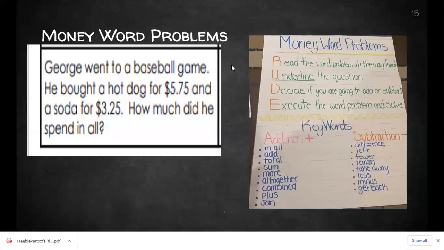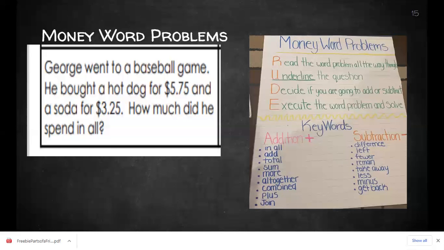Now we're going to our very last money review problem. We're going to go over money word problems. So when we do money word problems, we want to think of the acronym RUDE. So first we read the word problem all the way through. We underline the question. We decide if we are going to add or subtract, and we execute the word problem and solve.